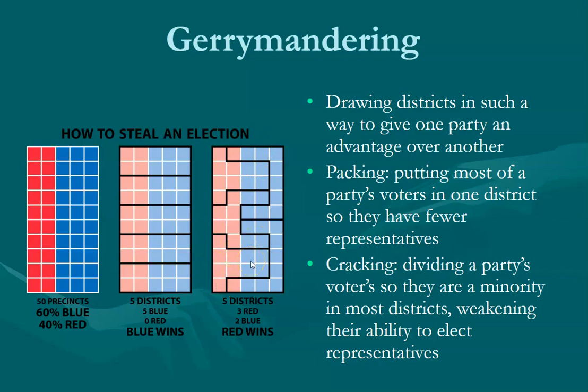So out of 5 districts, 3 of them will be won by red, and these 2 will be won by blue. So in a case like that, in the House of Representatives, in those 5 districts, red would win because 3 can outvote 2 blue.